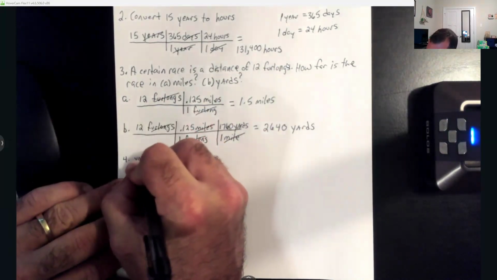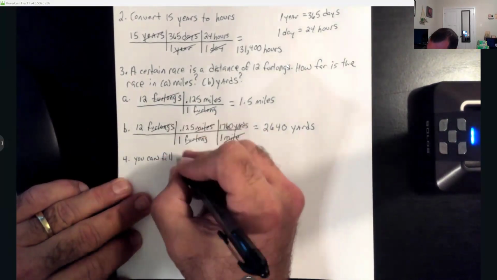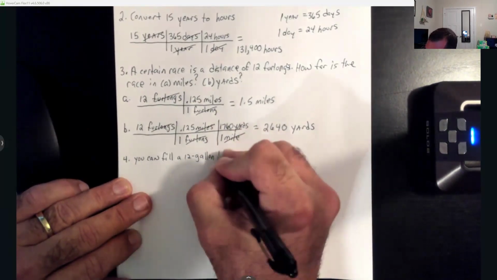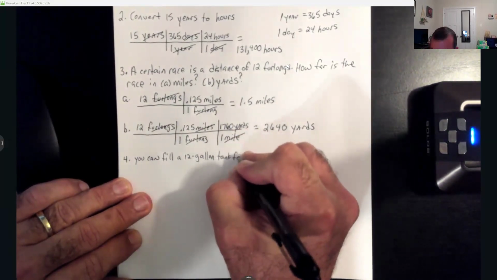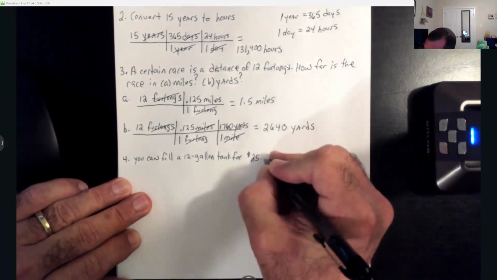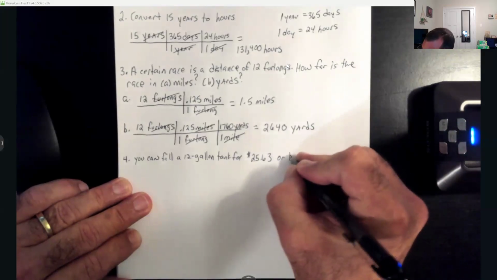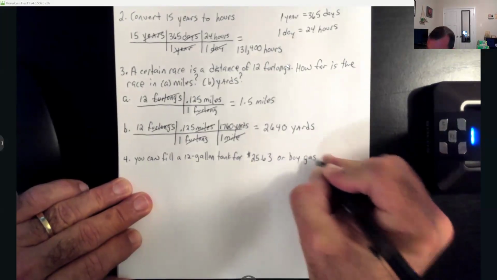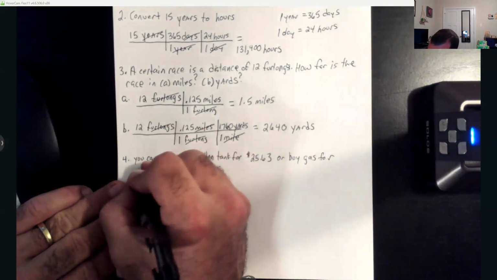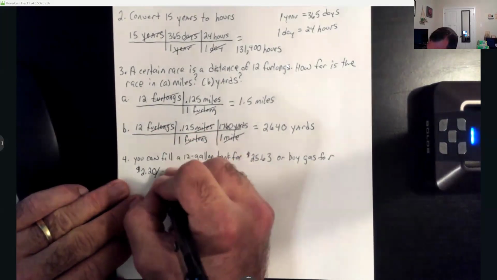So first it says you can fill a 12-gallon tank for $25.63, or you can buy gas for $2.20 per gallon.